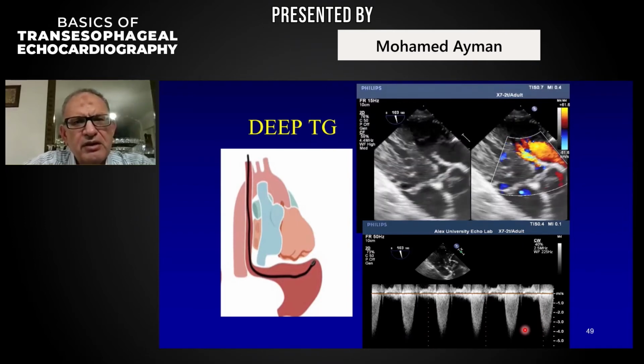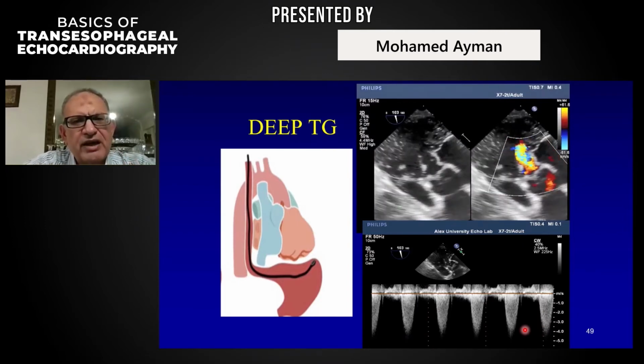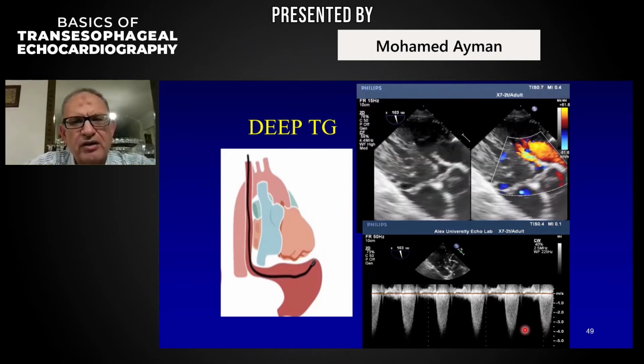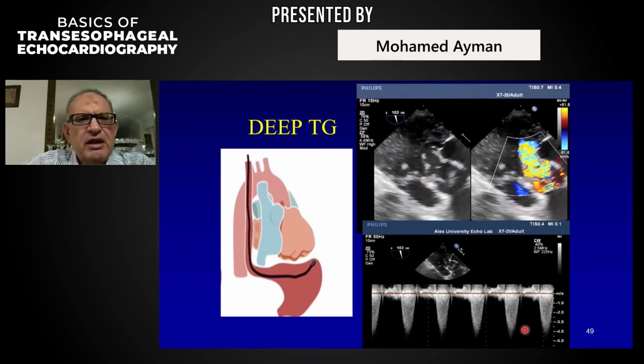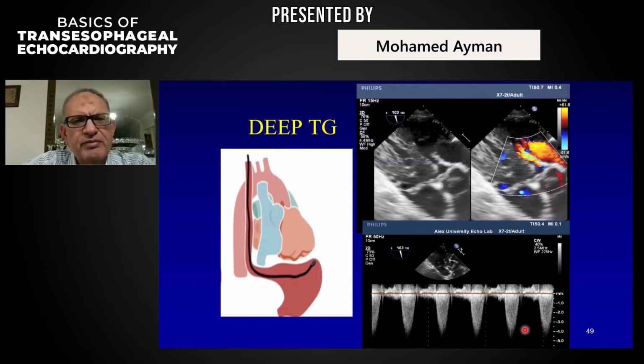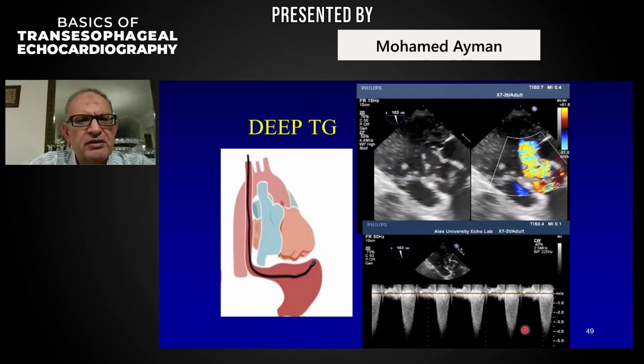For example, the aortic valve is heavily calcific and you are looking for the maximal gradients, and you didn't get satisfactory velocities and envelopes from the apical 5, the right parasternal, or the suprasternal views, and you feel that the gradient and the velocities are much higher than this. So you can go for the deep transgastric view and check. Okay.